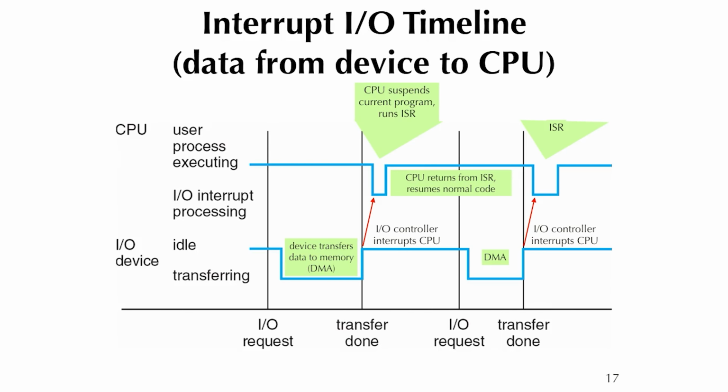This is more of a timing diagram for the CPU running the user program, and then an interrupt could come in for different things. It could be, in this case, DMA.